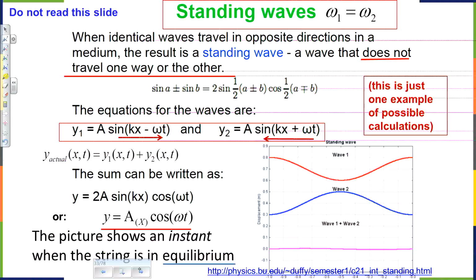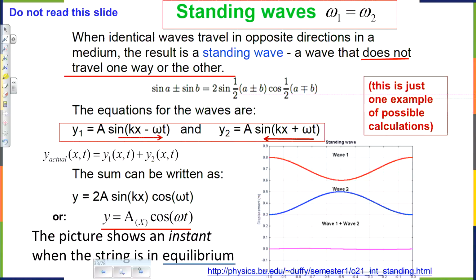We call these waves coherent. And only coherent waves can produce a standing wave. They have exactly the same amplitude, exactly the same wavelength, exactly the same period, exactly the same speed, just opposite directions. And in this situation, if we add them up, the structure of the wave is different.